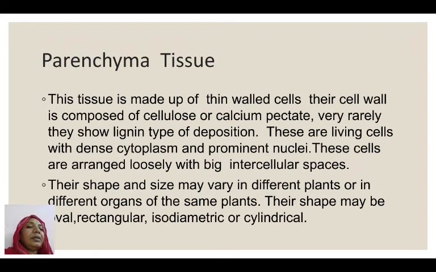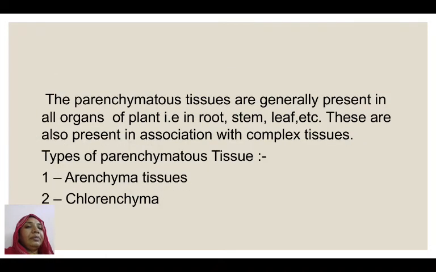These cells are arranged loosely with big intercellular spaces. Their shape and size may vary in different plants, or in different organs of the same plant. Their shape may be oval, rectangular, isodiametric or cylindrical.